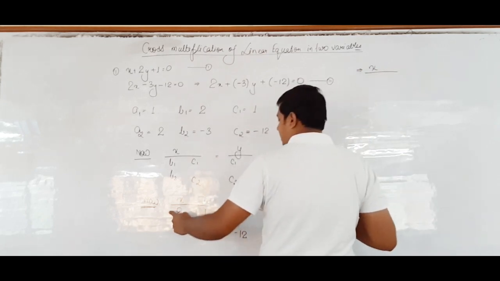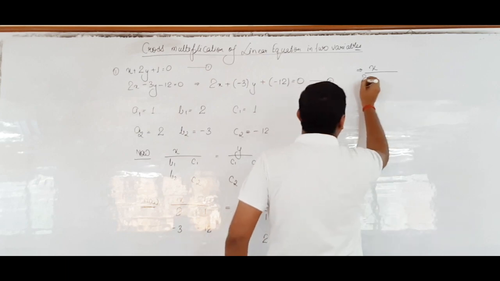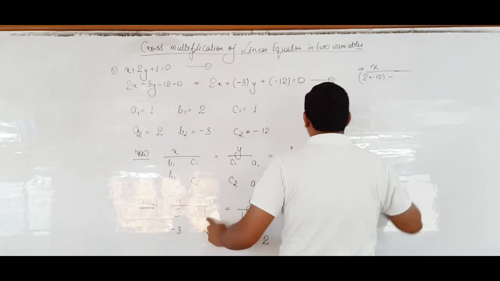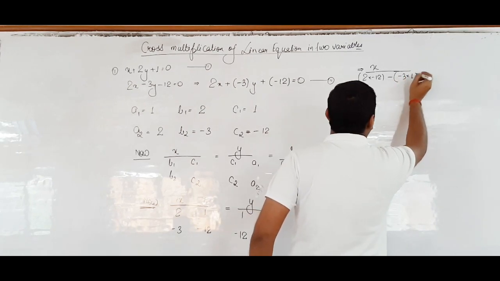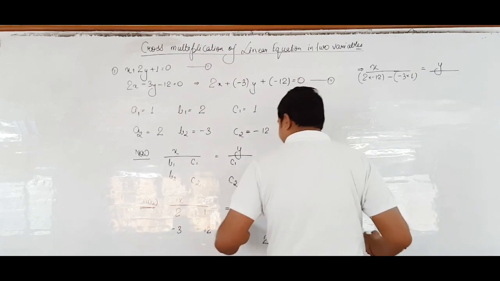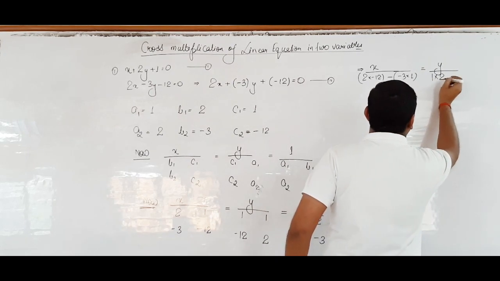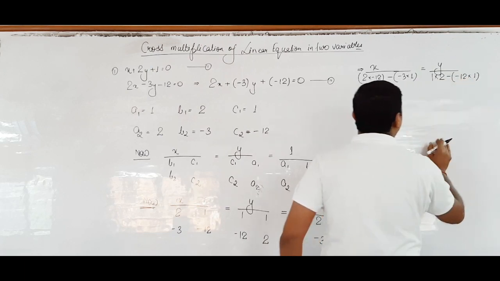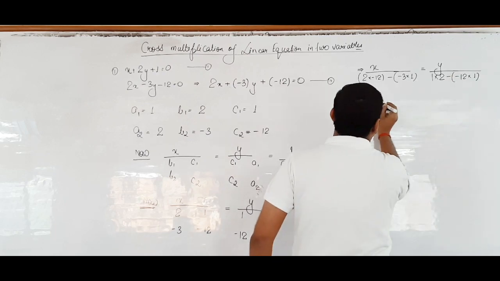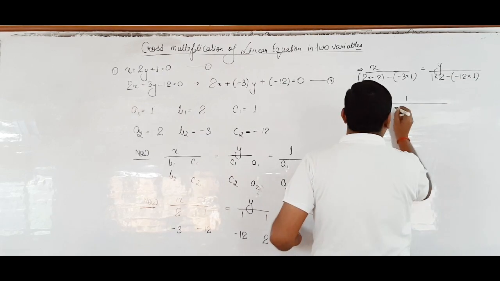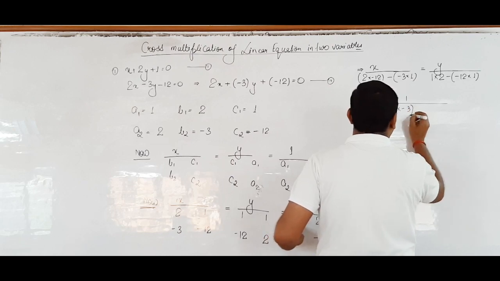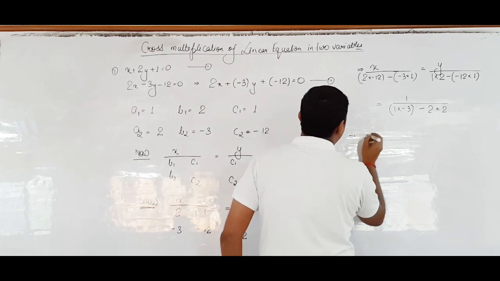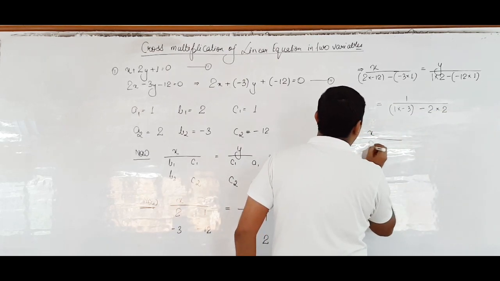X by 2 into minus 12, minus 3 into 1. Y by 1 into 2, minus 12 into 1. 1 by 1 into minus 3, minus 2 into 2, minus 24.